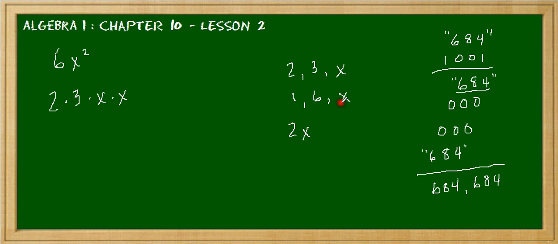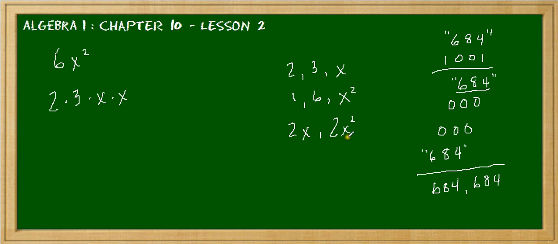That should be up here. Sorry about that. So we multiply 1 times 6 times x squared. Now, of course, when we're breaking this down into its simplest factors, we're going to have x times x, but x squared is a factor. But then we have 2x. Now we can also multiply the 2 times the x squared, and that would be 2x squared, right? That would be a factor.